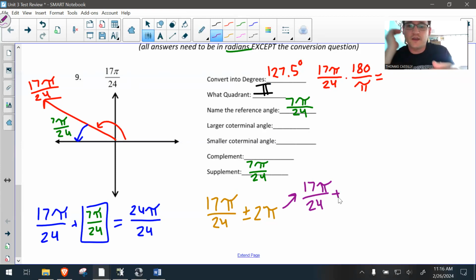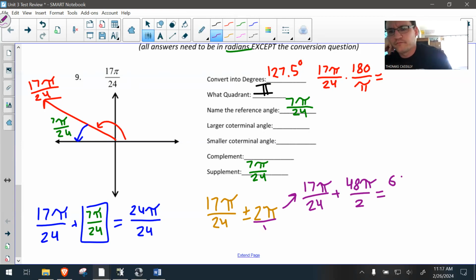So 2 pi over 1 turns into 48 pi over 24. All right, that's going to give you 65 pi over 24.